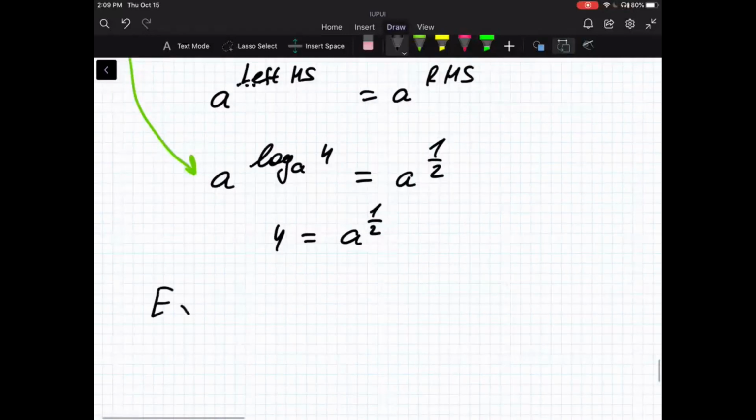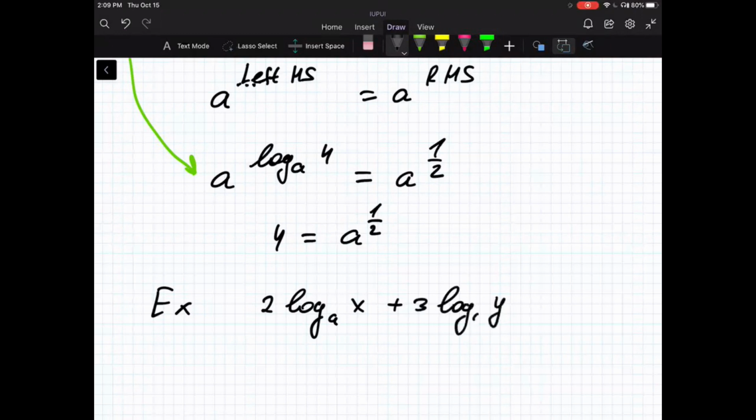Suppose you want to write the following expression: 2 logarithm of x with base a plus 3 logarithm of y with base a minus logarithm of z with base a, as a logarithm with base a of something, just in terms of a single logarithm.